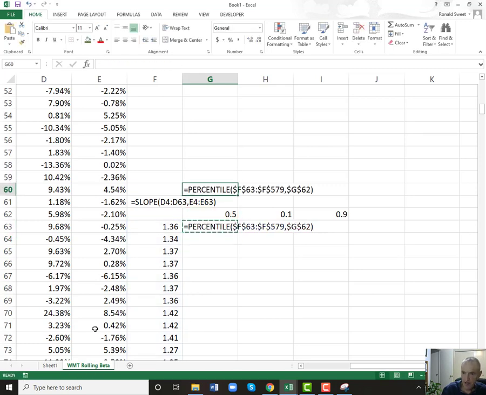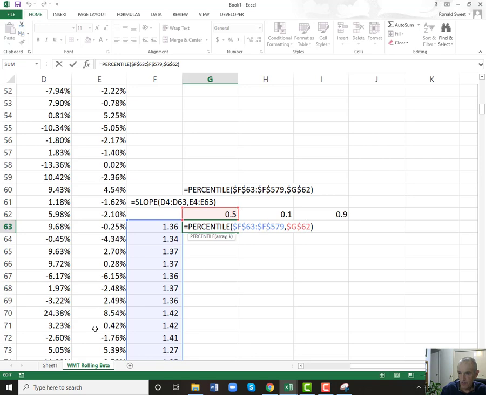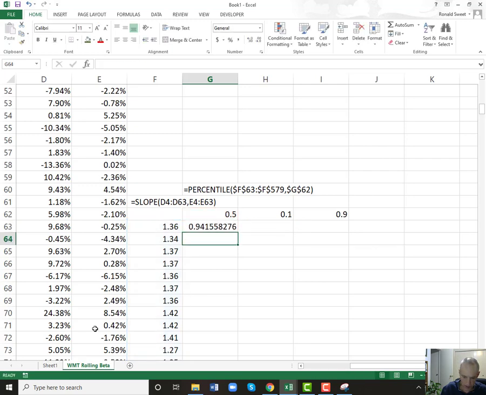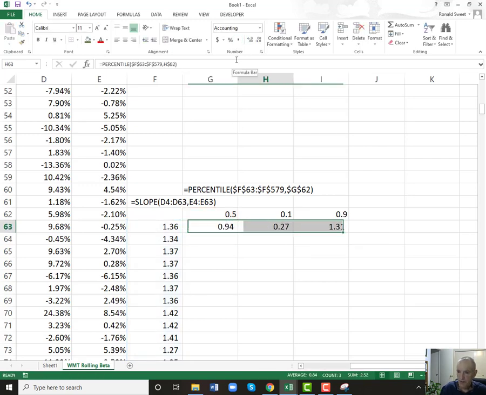Our median's kind of high. If you lock in everything correctly, the only thing you need to lock in on the G62 is only the row. You don't need to lock in the column. And so you can copy that over, and you can see the 50th percentile is 0.94.